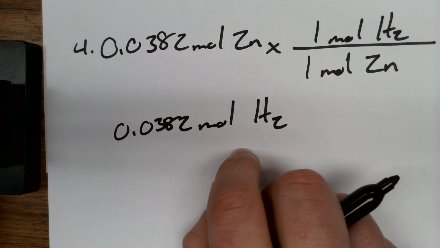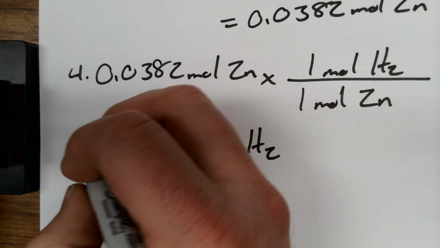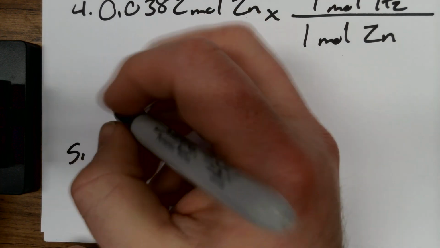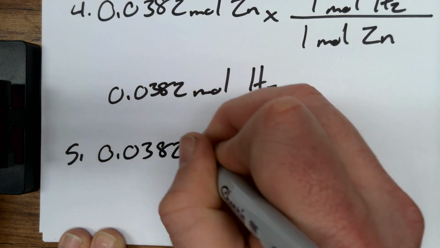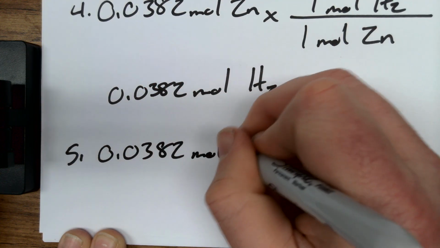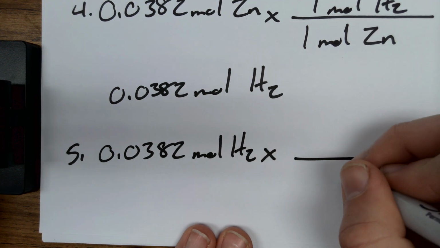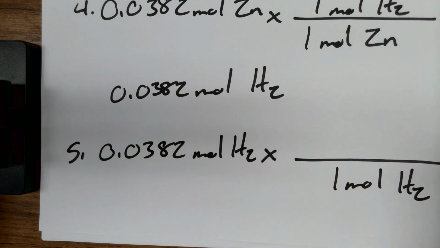Do I want moles or do I want something else? I want liters. So I can't skip step 5. I have to convert 0.0382 moles H2 to liters at STP. So that's 1 mole H2.